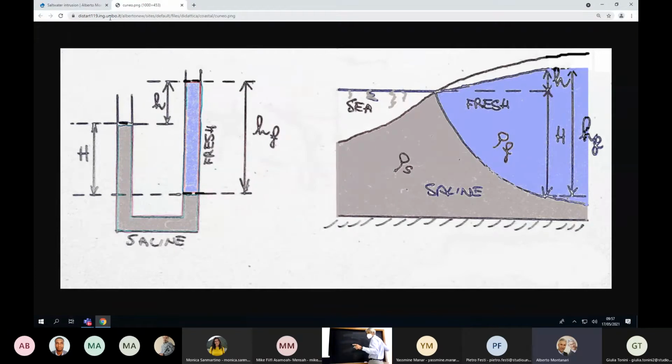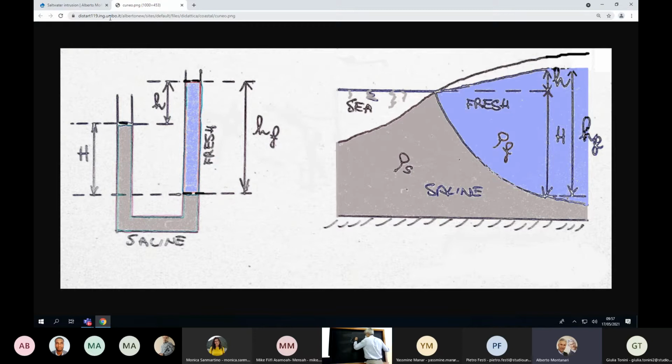So, let me refer to the figure that you see on the screen, and let me write then the equilibrium condition. The weight of salt water, gamma S, is the specific weight of salt water.